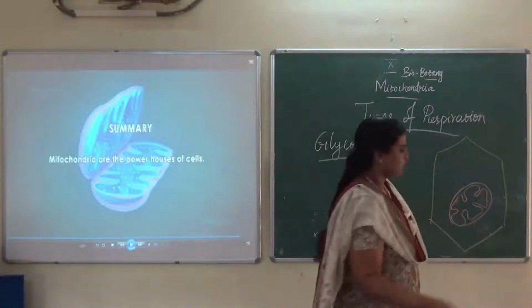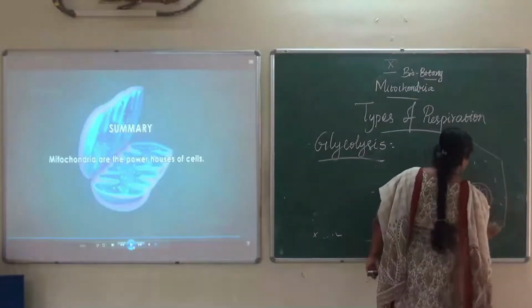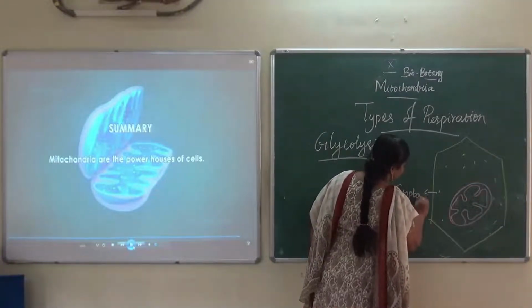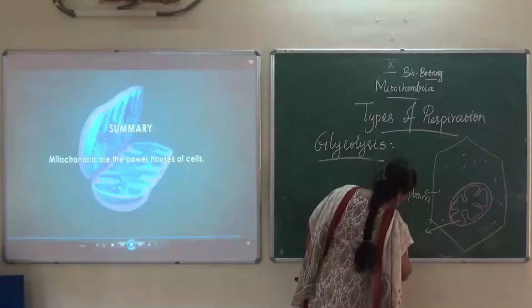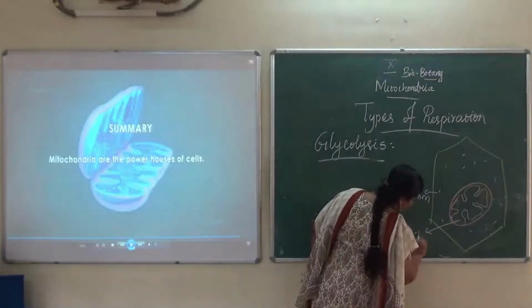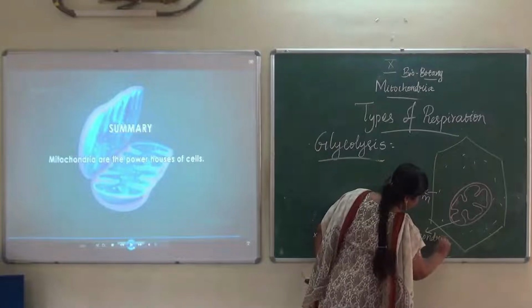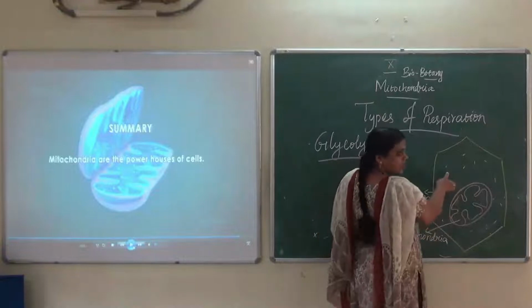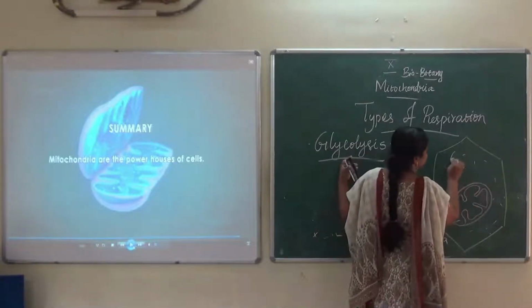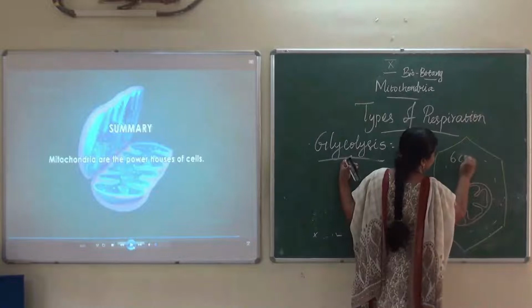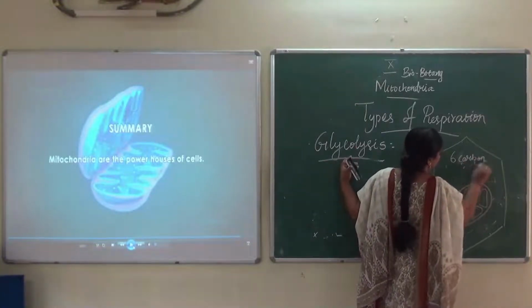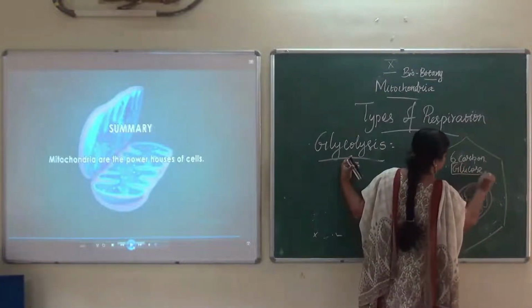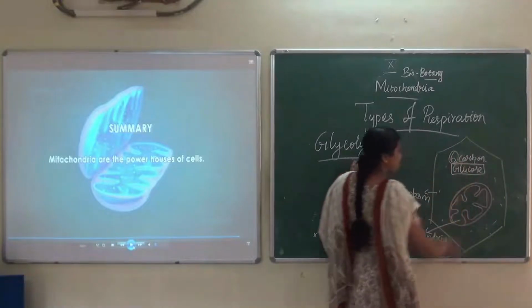In the plant cell, this is the cytoplasm. This is the 6 carbon molecule of glucose.